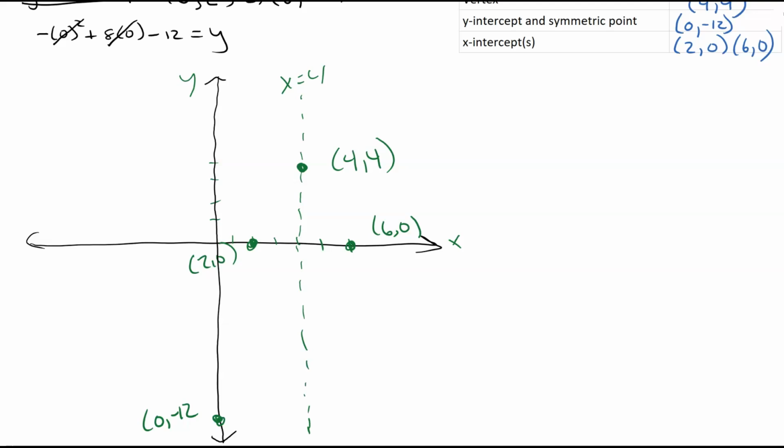I see my axis of symmetry has an x of 4, so the y-axis is 4 units to the left. So if I go 4 units to the right, I will find a symmetric point. So that would be the point 8, -12. So now I know another point I can put up here, 8, -12.